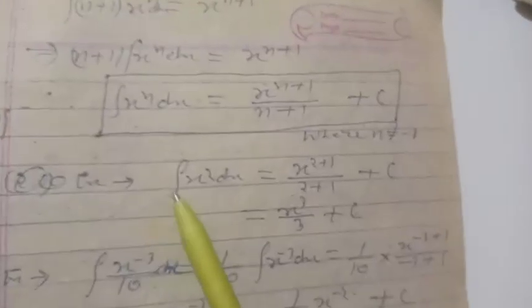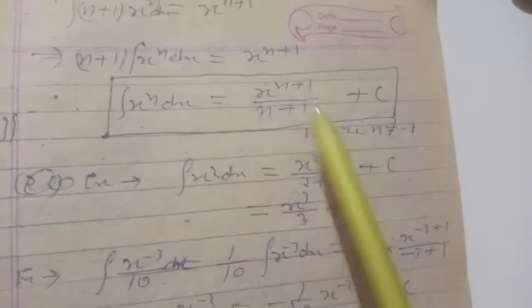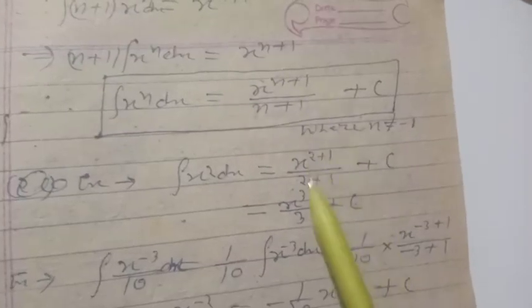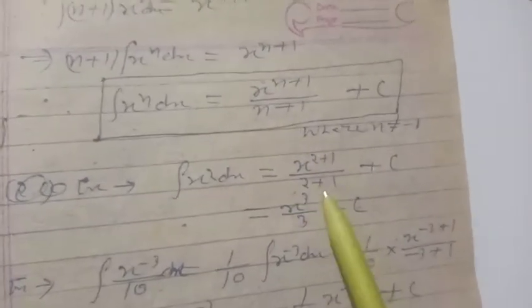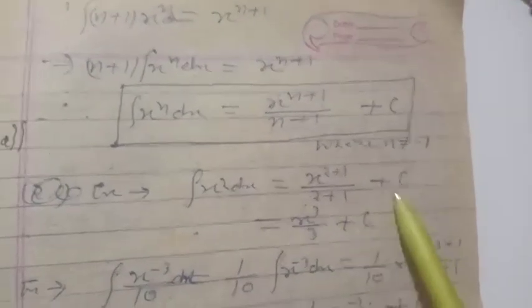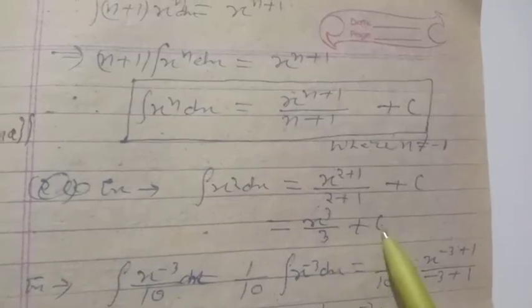For example, here integration of x square dx. Using this formula, it will be x to the power 2 plus 1 divided by 2 plus 1, plus c, and will be equal to x cube by 3 plus c.